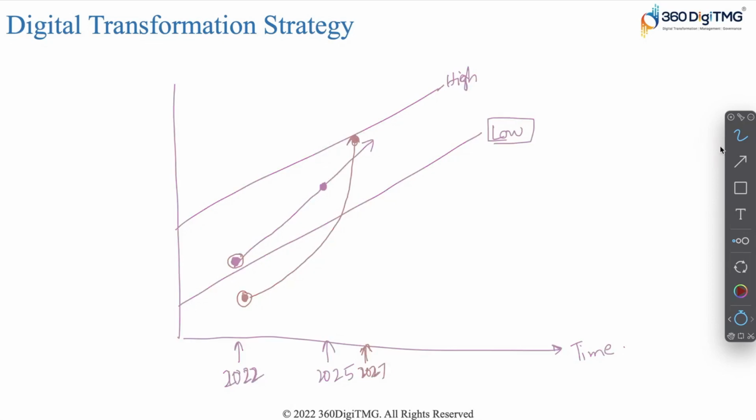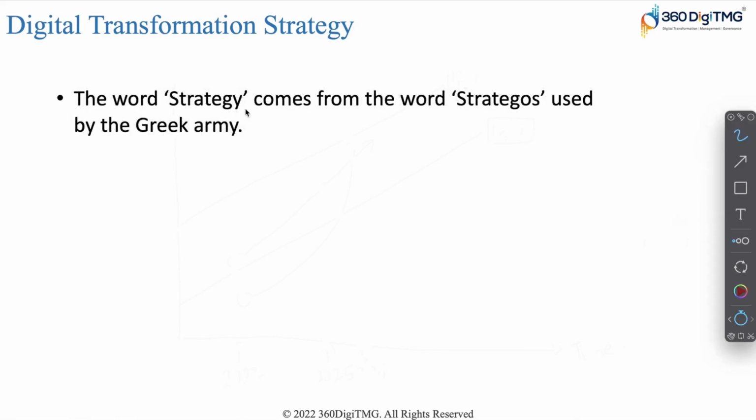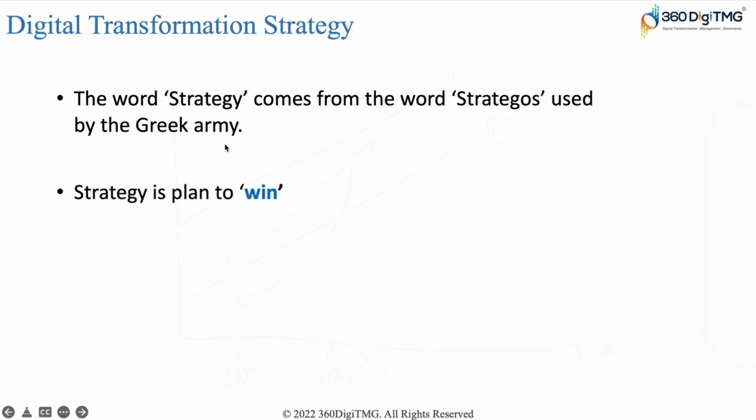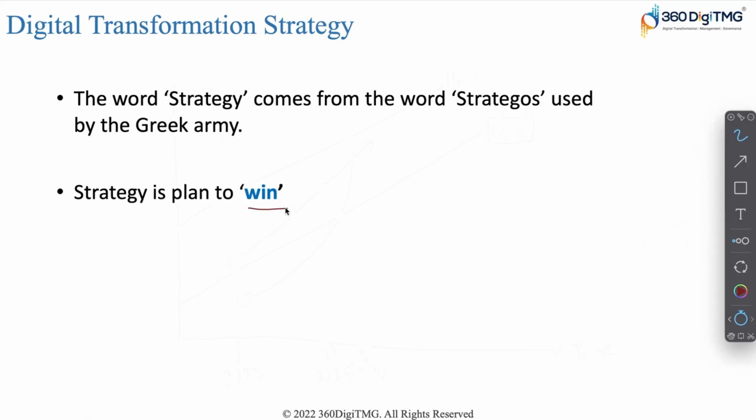Okay, and also one closing note before we end: strategy is a word used by the Greek army, and strategy is a plan. You're devising strategies to win. Remember, we are not planning a strategy just to play. If you're going to devise digital transformation strategies only to play, then that will become a failure.